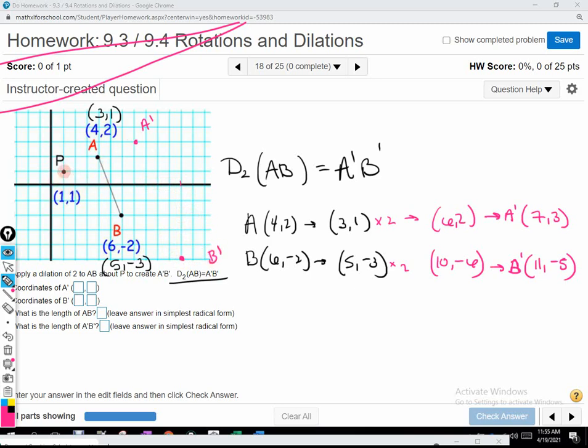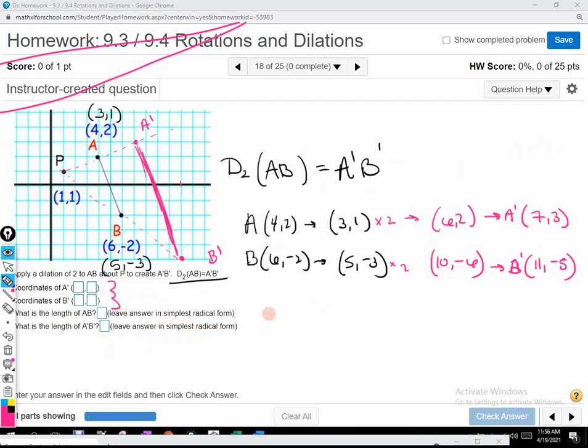If we go back through the point, okay, going back through A prime to A should go through the point of dilation, and B prime to B should go back through the point of dilation as well. So we've got these two segments, AB and A prime B prime. So this here is wanting these two ordered pairs. Now it wants these distances. And it says leave answer in simplest radical form.